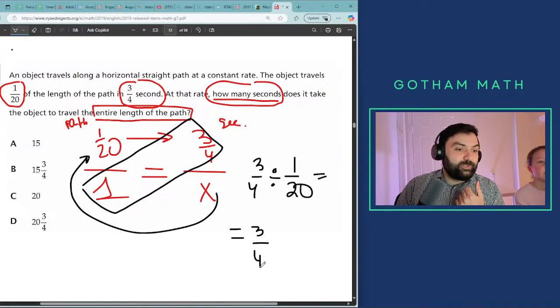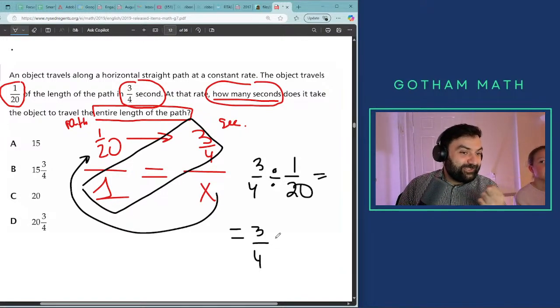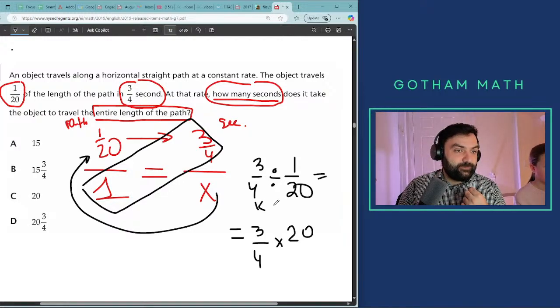Yes, you could have. But sometimes you'll do it right, sometimes you'll do it wrong. But the proportion will never let you do it wrong. Does it make sense? Okay, so now it's going to be keep, change, flip, right? And it's going to be 3/4 times 20/1, which is 60/4.